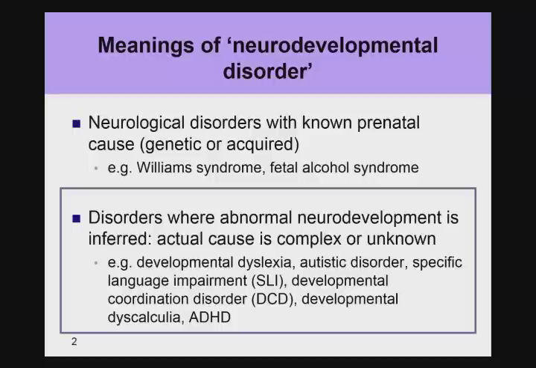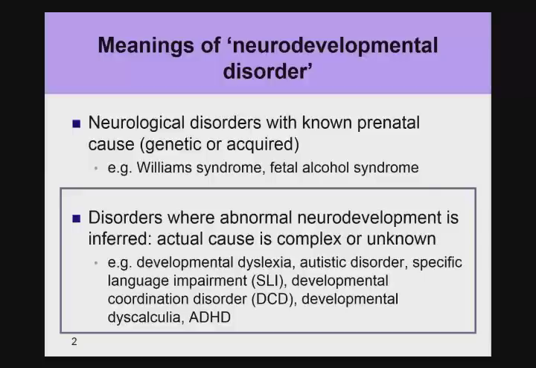This covers a whole panoply of conditions defined in terms of the behaviour you observe. This would include developmental dyslexia, autistic disorder, specific language impairment, developmental coordination disorder, developmental dyscalculia, and ADHD, attention deficit hyperactivity disorder. So these are a whole cluster of things, many of which some of you may not have heard of.